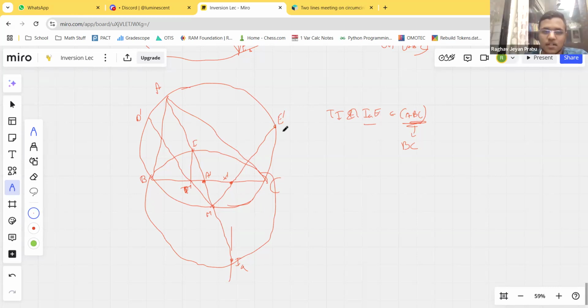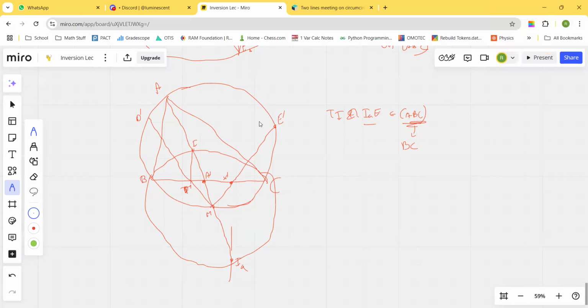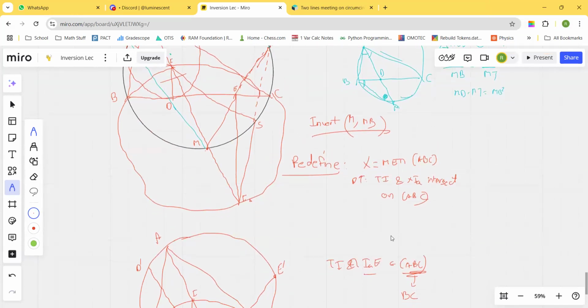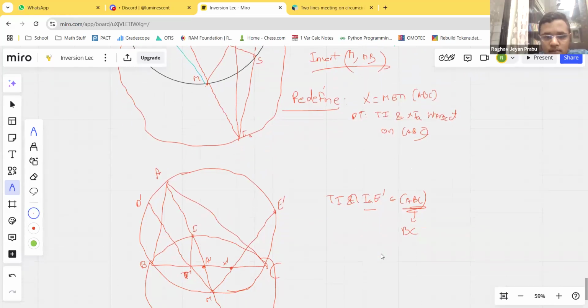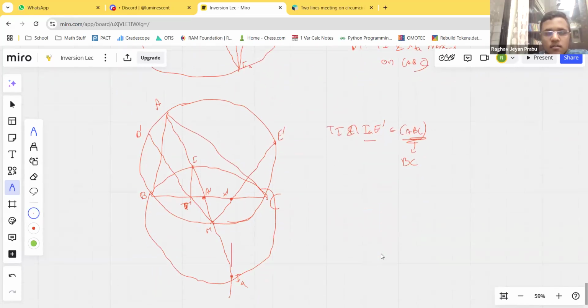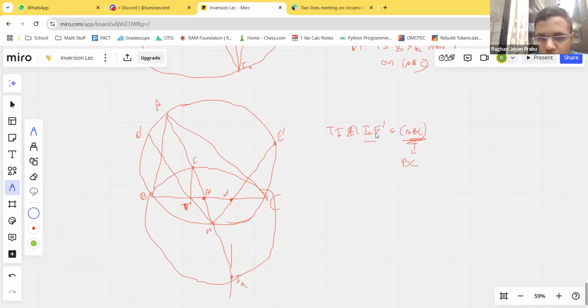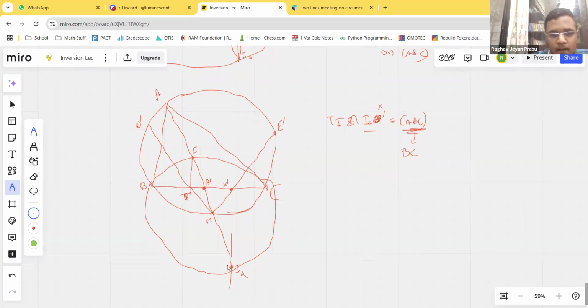No, because IAE is a line not passing through M, right? So it'll become a circle. Sorry, this should be IA X, my bad. So IA X will become a circle passing through M. Since IA remains the same and X becomes X dash, it will become circle M IA M X dash.